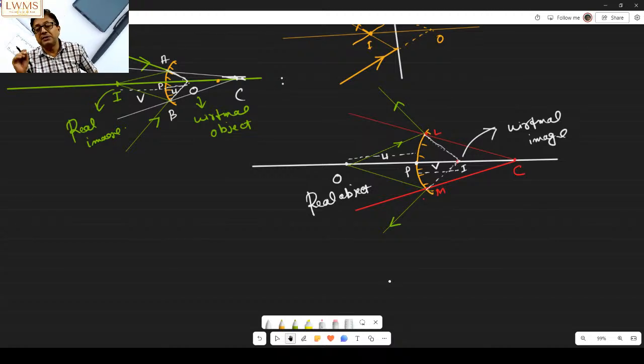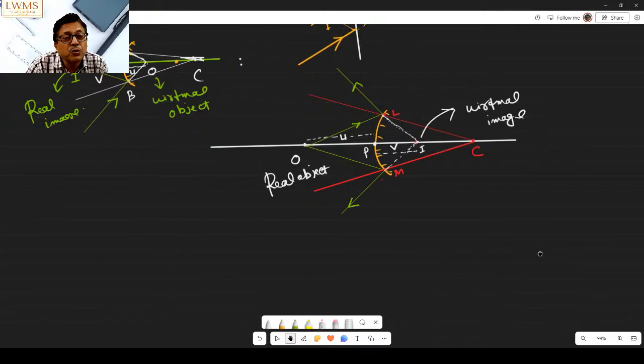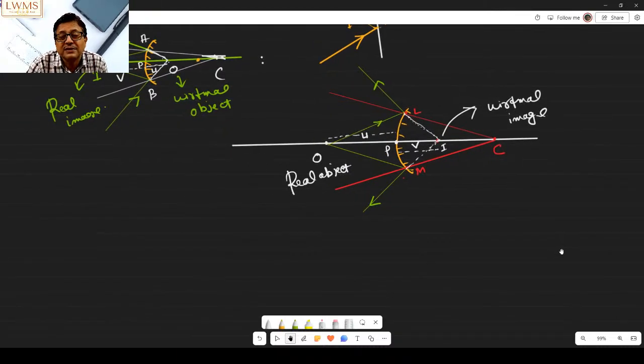Keep the Cartesian coordinate system in your mind, then everything is done. Clear? So the real object, virtual image, real image, virtual object are done in case of convex mirror. Let us go for concave mirror.